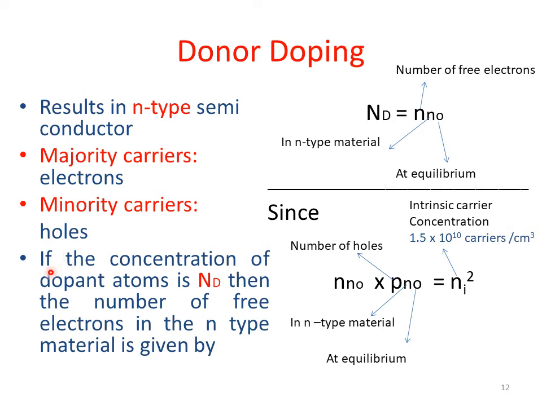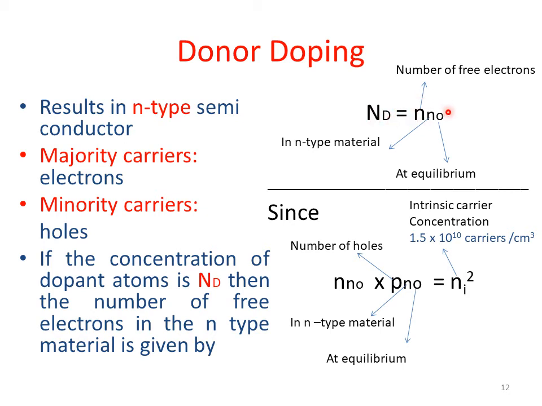So if we try to represent the number of the pentavalent element or the dopant atoms as Nd, then whatever be the number of the atoms, they will be equal to the number of free electrons in the material. Now let us see this equation. This Nd represents the number of, suppose the pentavalent element like antimony, जितने भी आपने डोपेंट के एटम्स डाले, उसकी नंबर को इंडिकेट कर रहा है.